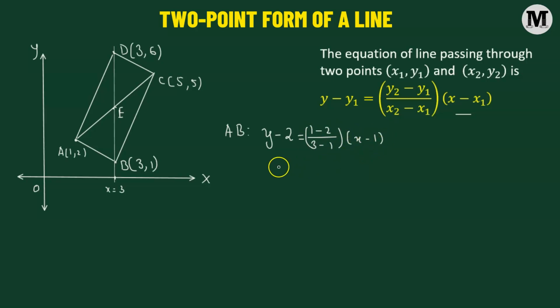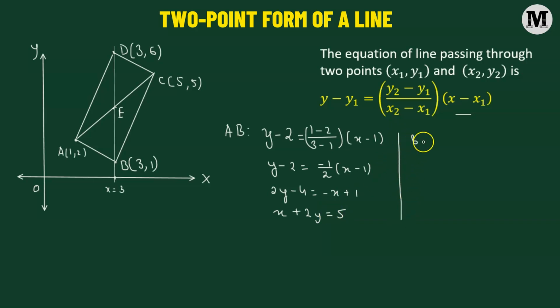So x1 will be 1. So now we have y minus 2 equals to negative 1 divided by 2 whole multiplied to x minus 1. That gives us 2y minus 4 equals to negative x plus 1. Rearranging the terms, we get x plus 2y equals to 5. So this is going to be the equation of side AB.